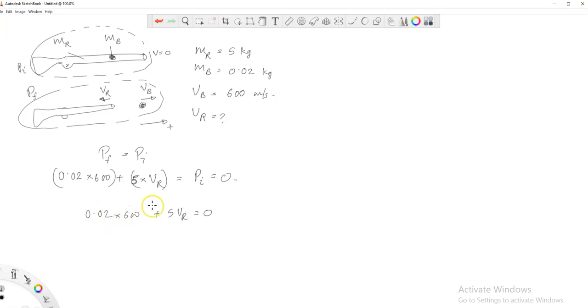I can take this to the other side. 5 VR equals negative 0.02 times 600. VR is negative 0.02 times 600 divided by 5. So that's 2.4. Let's see what it's exactly.